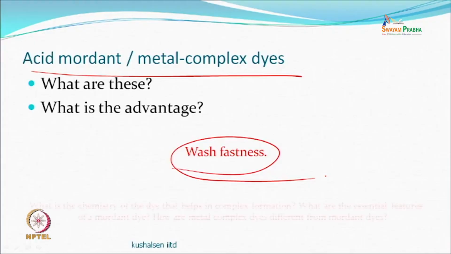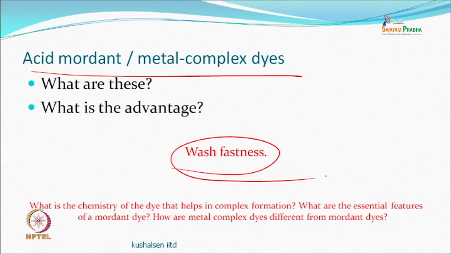So you should try to get the information from your previous classes. What is the chemistry that helps the dye in complex formation? Why does any dye form a complex? We are looking at metallized complexes here.